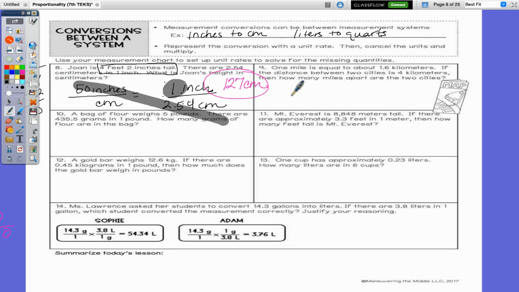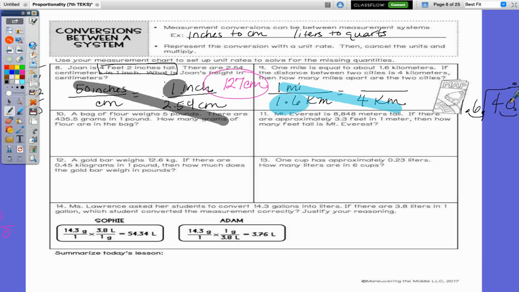Okay, we're going to do the same thing here. 1 mile is equal to about 1.6 kilometers. If the distance between the two cities is 4 kilometers, how many miles apart are the two cities? We're going to cross multiply and divide. So I have 1 times 4 is 4, and I'm going to divide that by 1.6. I can't have a decimal on the outside, so I'm going to move that over 1, which means I have to do the same thing here.